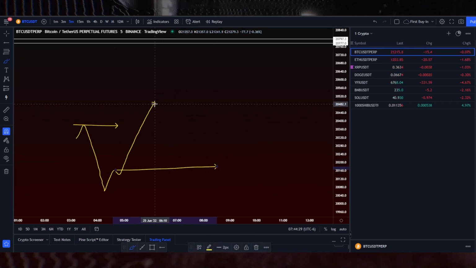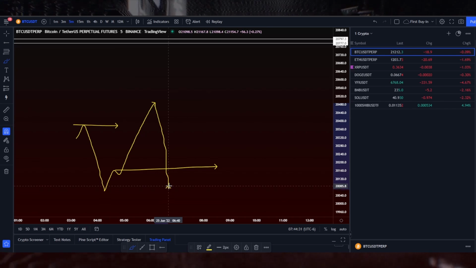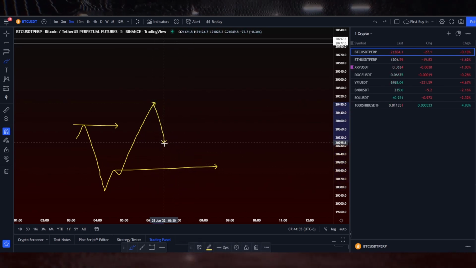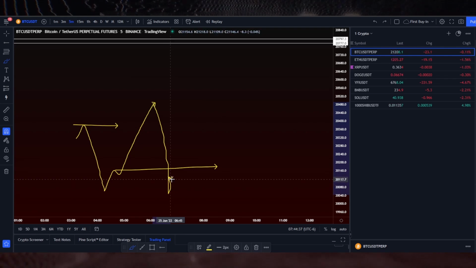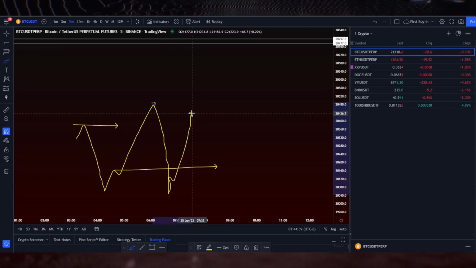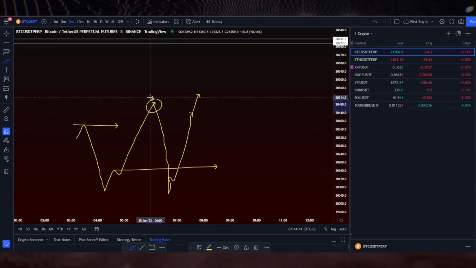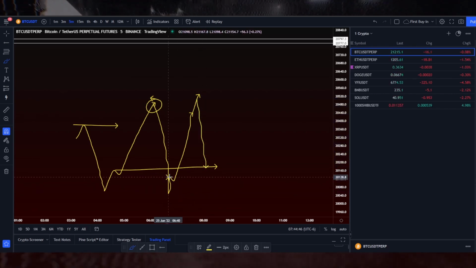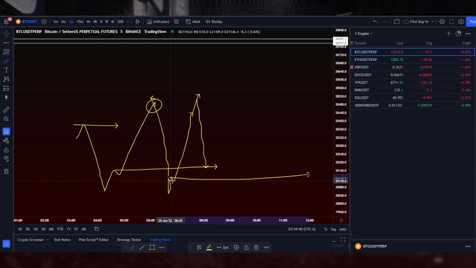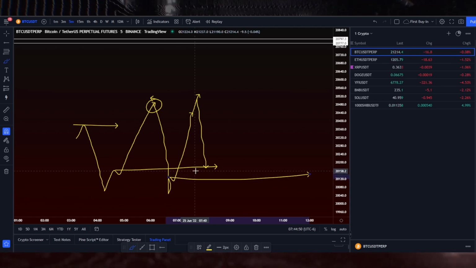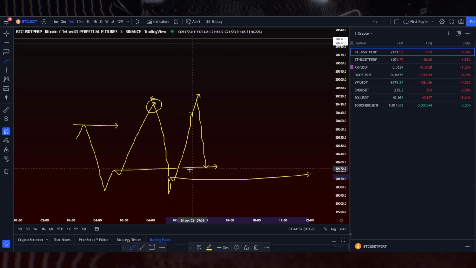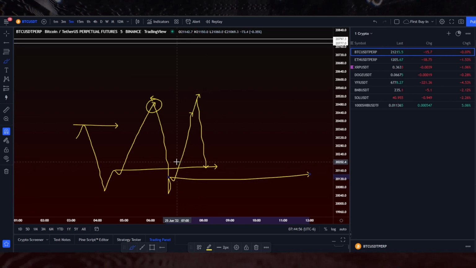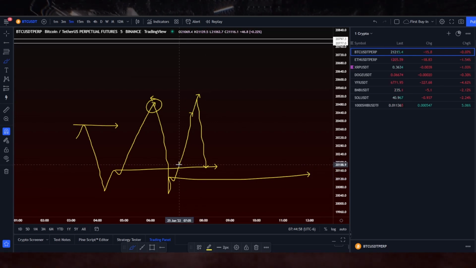A reverse level like this breaks over top of this to go back and test this, gives you lower targets, and you're creating a trail of reverse levels to hit. Now from back here, I drew this a little wrong.